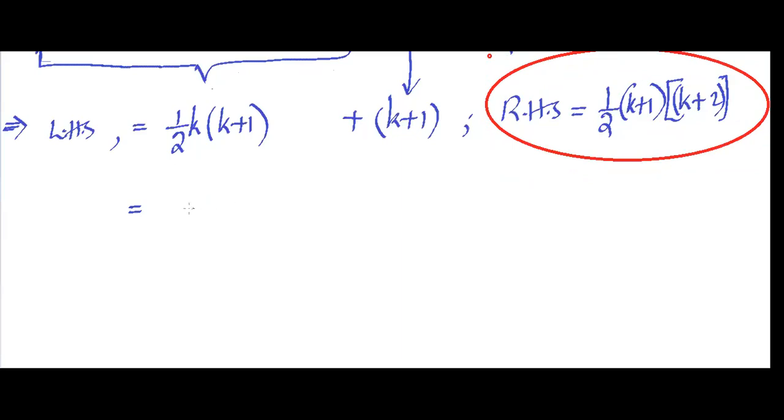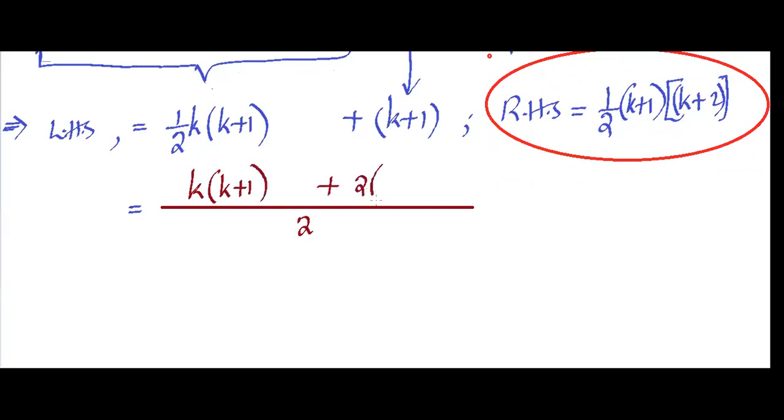If you're careful, you will agree with me that we have an LCM here of 2. So when you take the LCM of 2, you will have k into k plus 1 plus 2 into k plus 1.